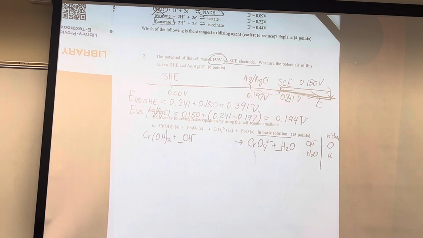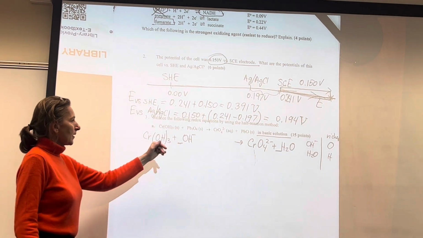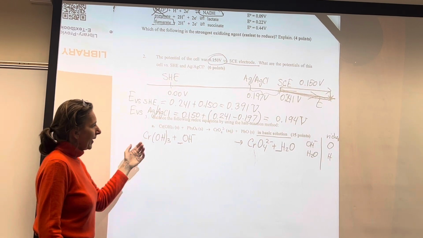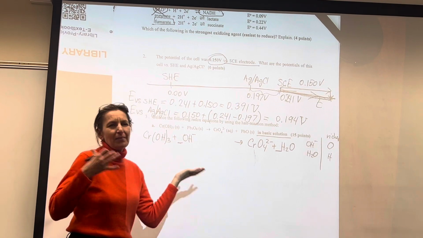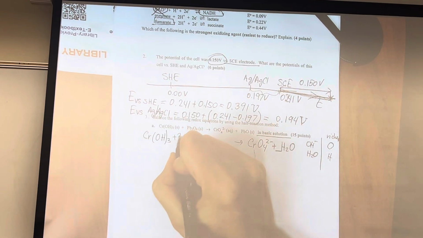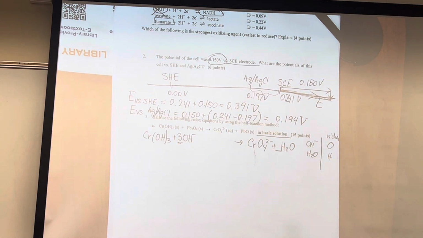Chromium is good. Let's try not to mess up chromate or chromium 3 hydroxide. So let's see. What combination would you suggest for hydroxide and for water? If we do something like 3, we would have 3 and 3, 6 hydrogens, right? 6 hydrogens now.